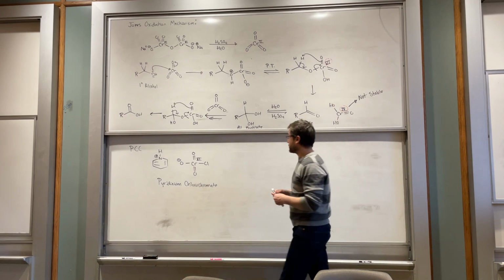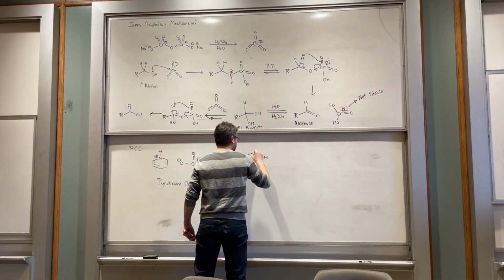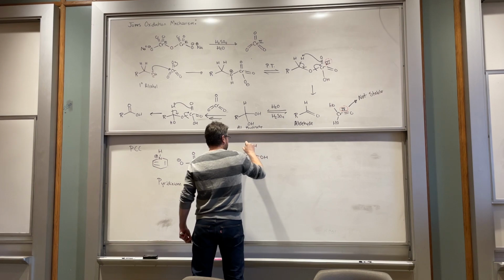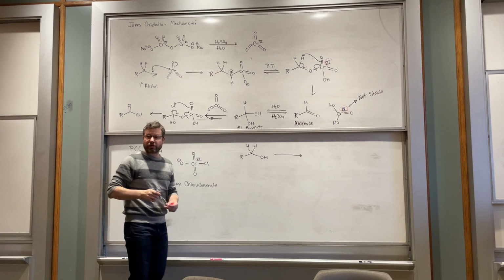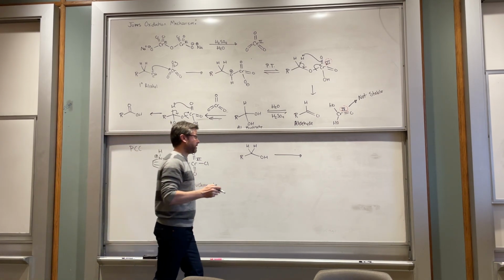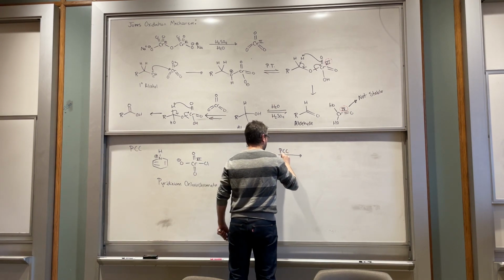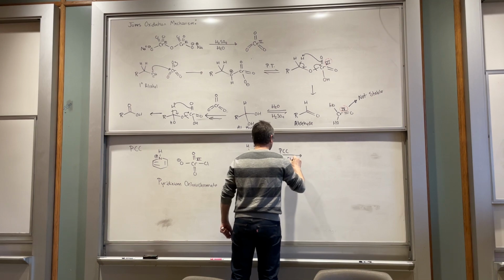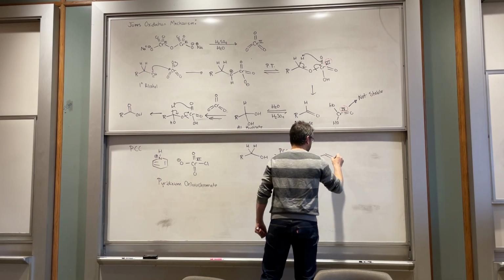And so we can do this reaction in dichloromethane. Dichloromethane, as you've learned, is a really great solvent if you want to not have any water in your reaction. Water and dichloromethane don't really mix at all. So whenever we do this, we oxidize the aldehyde.